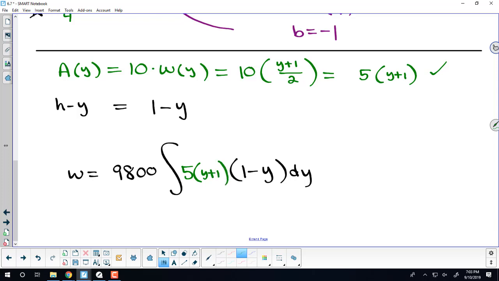And we integrate from where to where? 0 to 1. And bottom to the top of the tank. Starting with our lowest cross section, ending with our highest. Okay. So are there any questions on our setup?